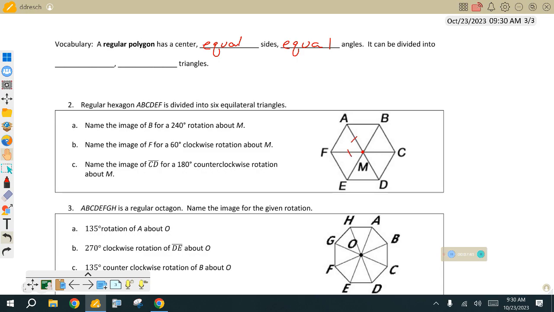So if we look at this triangle right here, what type of triangle are we creating then? I heard equilateral, I heard isosceles. It depends on the shape, but it for sure is isosceles.